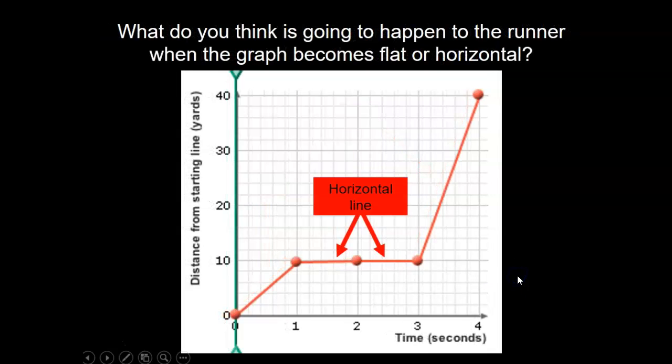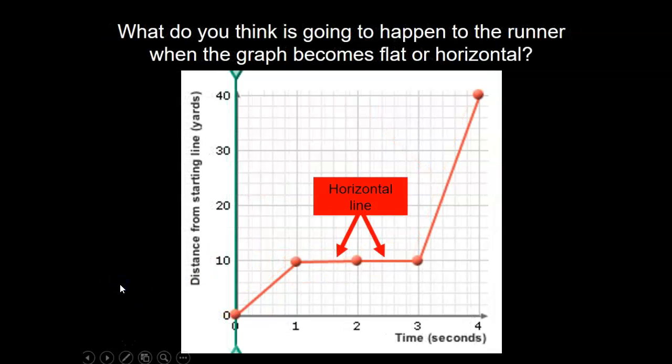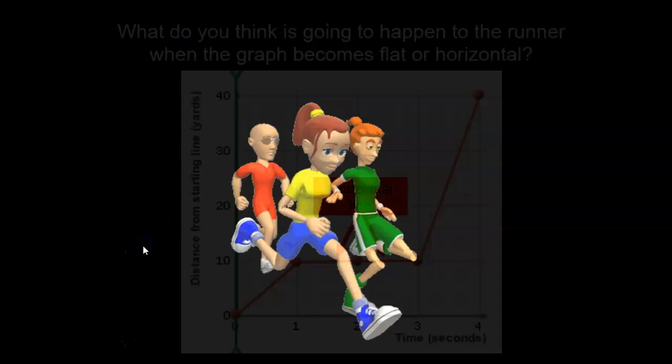You are absolutely correct. Good job. So in this picture, C would be the fastest. A is kind of a medium speed, and B, like we said, is going to be stopped at this flat line. At a horizontal line. Yep, at a horizontal line.